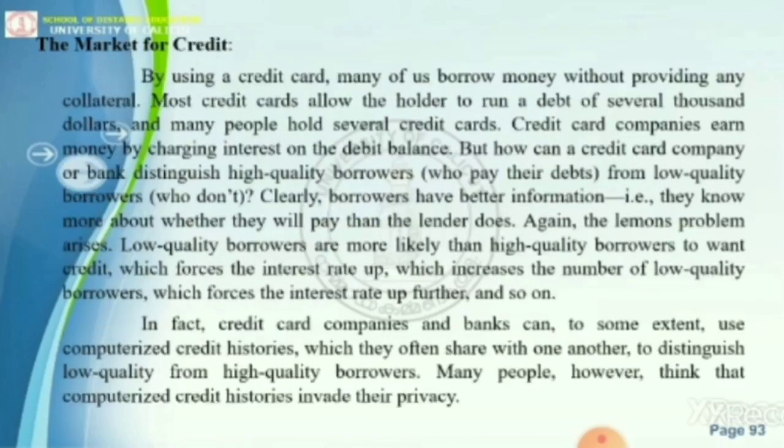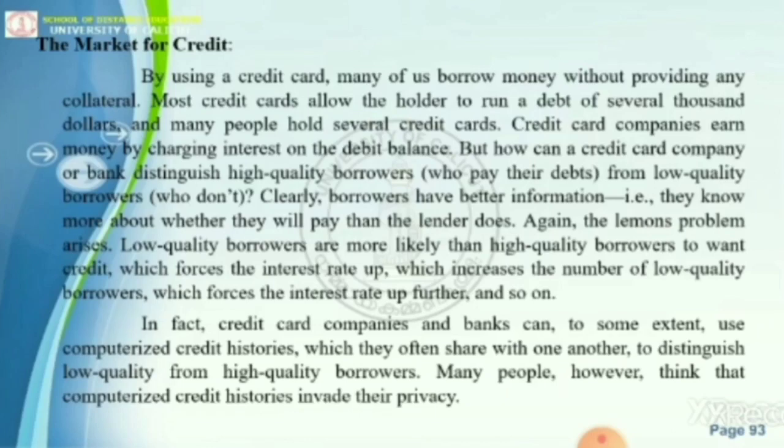So the market for credit, in the credit market, what is happening? By using a credit card, many of us borrow money without providing any collateral. Most credit cards allow the holder to run a debt of several thousand dollars, and many people hold several credit cards. Credit card companies earn money by charging interest on the debit balance.